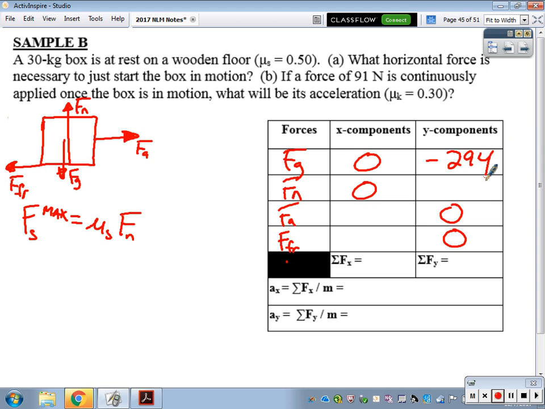Easy example here. What is the normal force in this problem? It would be a positive 294. We already did, well, we could work our way backwards. 0 meters per second squared, 0 newtons. So that has to be a positive 294. Okay? So now if we have that, that's pretty easy to find that maximum static frictional force. Okay, 0.50 times our 294. So what is half of 294?